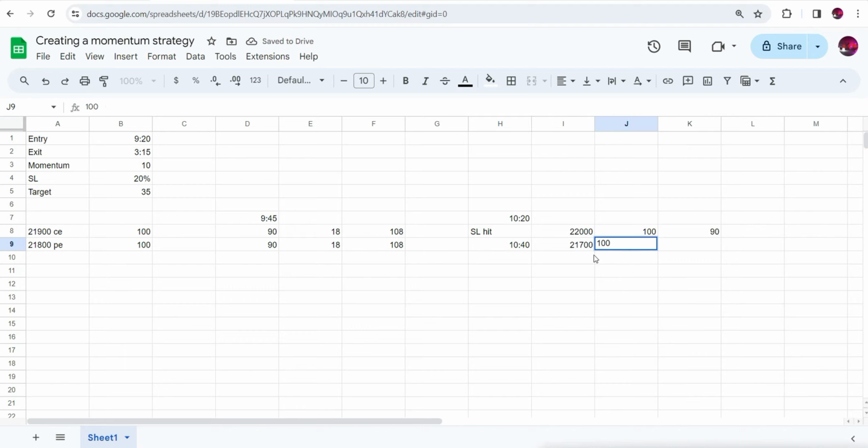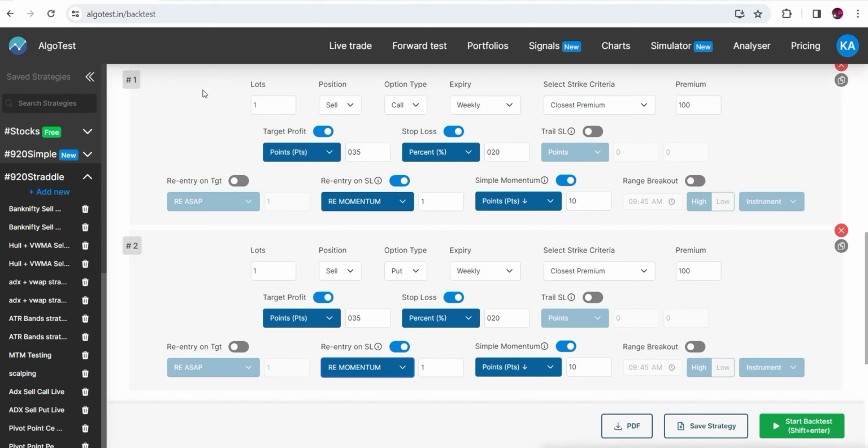Now it will wait for the 21,700 strike to move back to 90. So if the market reaches 90, that is a 10 point downside, it will again take re-entry. So our re-entry happens, the same stop loss and target will be placed, and it will wait for that. And this is how we can use the re-entry feature.